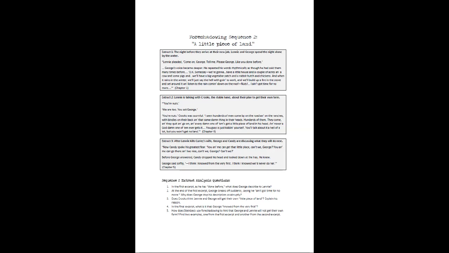Question 3, does Crooks think Lenny and George will get their own little piece of land? Explain his reason. In the final excerpt, what is it that George knowed from the very first? And finally, how does Steinbeck use foreshadowing to hint that George and Lenny will not get their own farm? Find 2 examples, one from the first excerpt and another from the second excerpt.